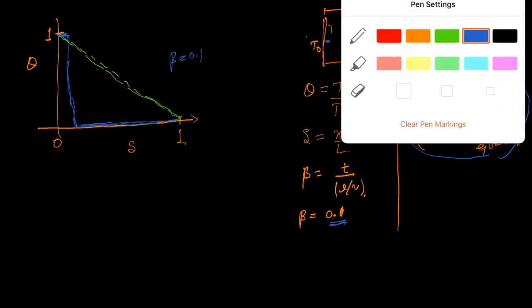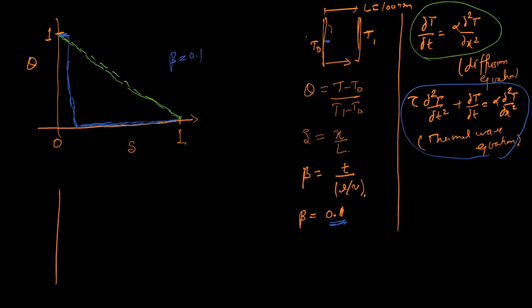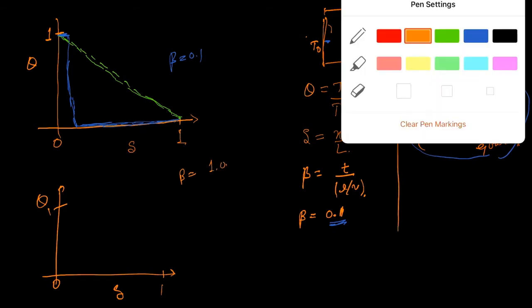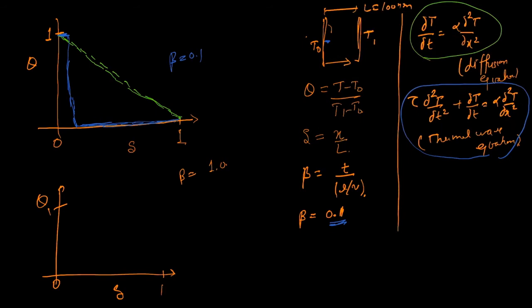So we could look at the same curve now for beta equal to 1, after some delay time. Now this thermal wave front might have propagated a little bit more.